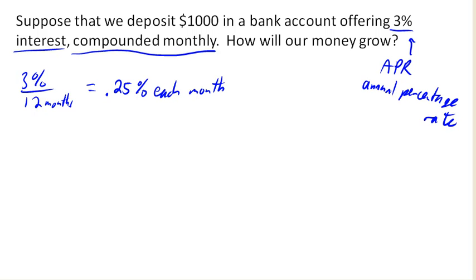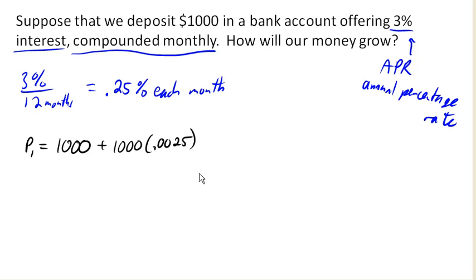So in the first month, at the end of 1 month, I'm going to have my original $1,000, and I'm going to have earned 0.25%. So moving the decimal place over 2, that's 0.0025.